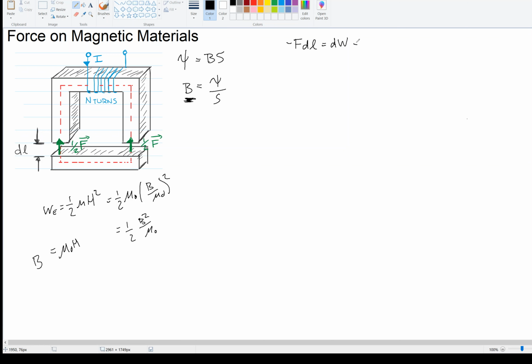So now if I wanted the energy, I would have the energy per volume, and I'm using mu0 because we're talking about the air gaps, now times the volume, so the volume of air there. And so what is that? Well, that's the cross-sectional area, S, ignoring fringing effects, and then times the length, right? That's the volume of the air that's in that gap.